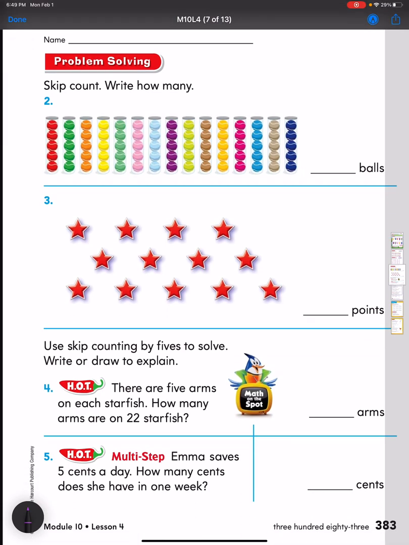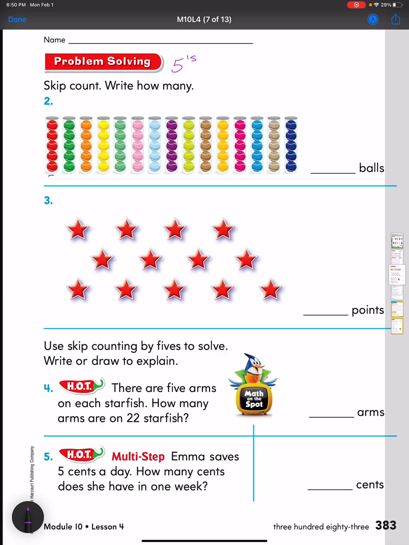All right. Number 2, skip count. Write how many. All right, so how many are in each row? 1, 2, 3, 4, 5. That means we're going to count by fives. We're going to skip count by fives. I'm increasing by 5 each time.